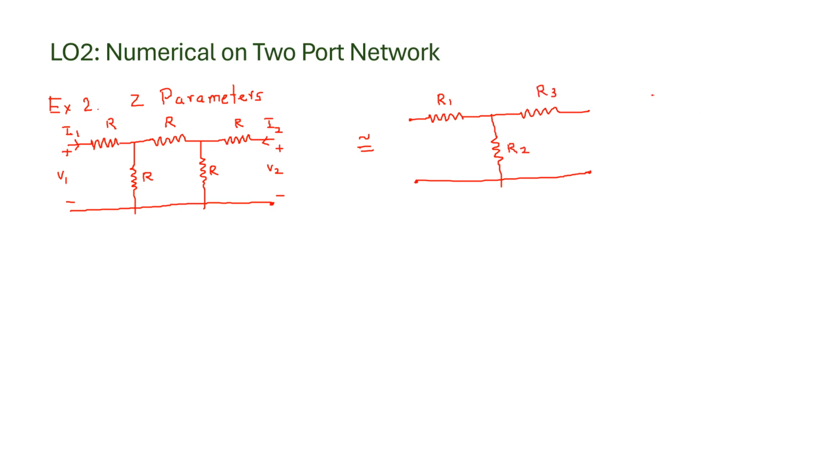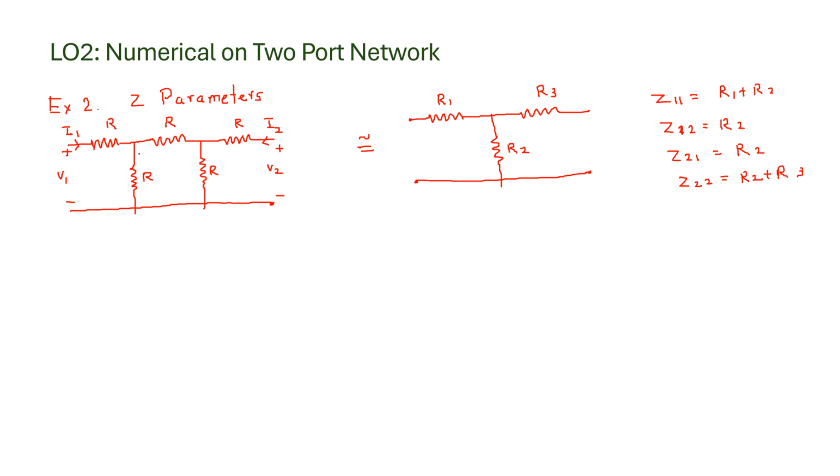Then Z11 will be equal to R1 plus R2. Z12 is equal to R2. Z21 will also be equal to R2. Z22 will be R2 plus R3. So now the question is how I can bring this circuit to this one.